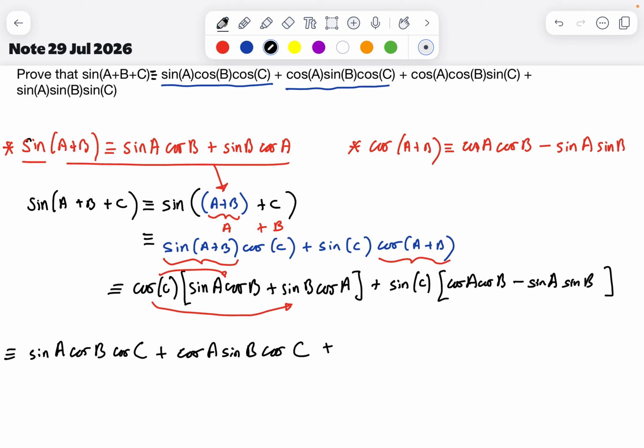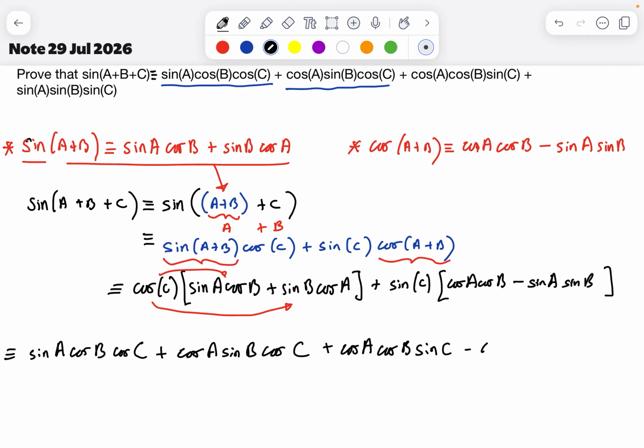And do the same for the last two. So I've got cosine A cosine B sine C, and then for the last one, oh sorry, that's the wrong sign, isn't it? It's minus.